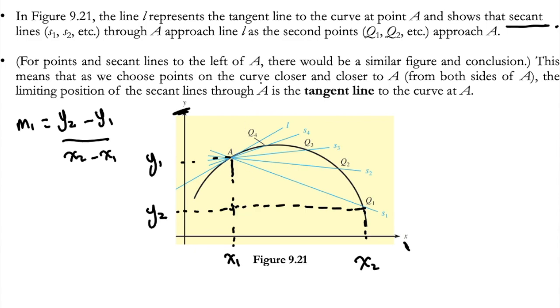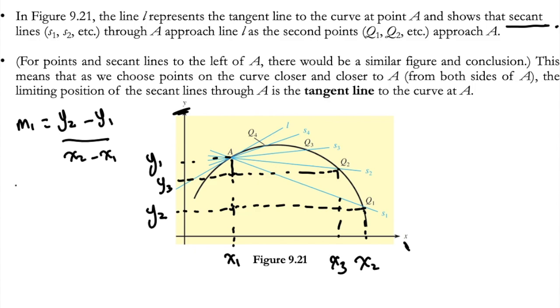But if we have another secant line, another new point Q2, then I can have another point here. This one I call X3, this one I call Y3. So we have 2 points, X1, Y1 and X3, Y3.